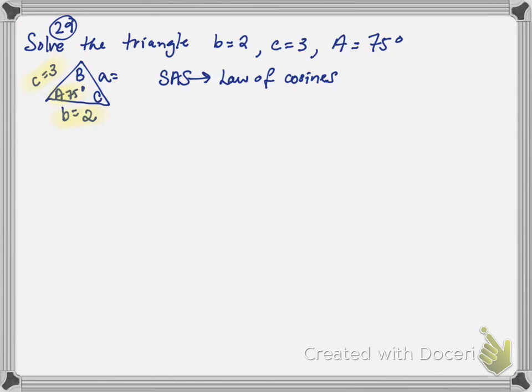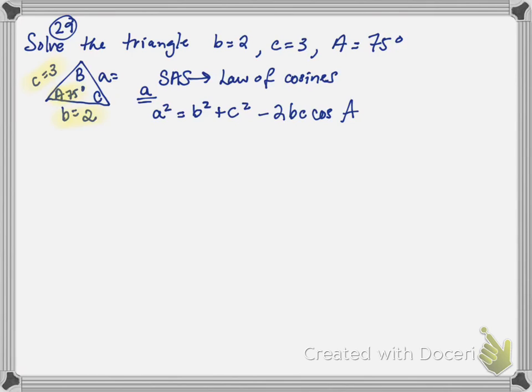Since I'm given angle A, I want side A squared on the left-hand side, and being that said, A squared equals B squared plus C squared minus 2BC times cosine of angle A. And that is one of the formulas for the law of cosines. Once again, I determined that because I was given angle A, side C, and side B. So this will give me side A, and that's what I'm going to go after.